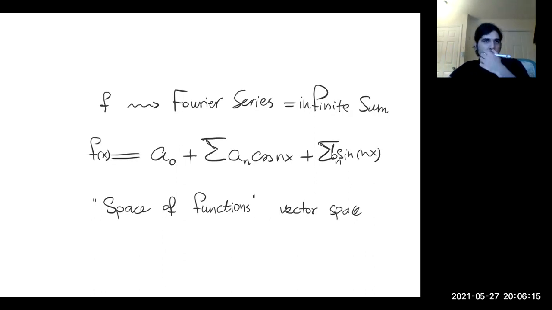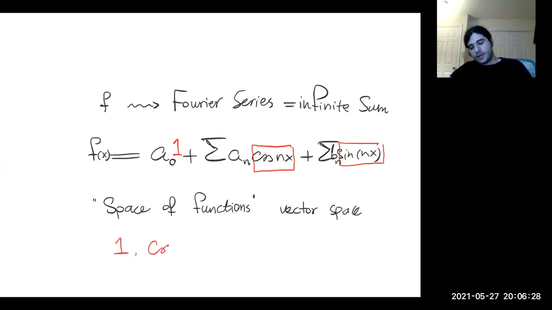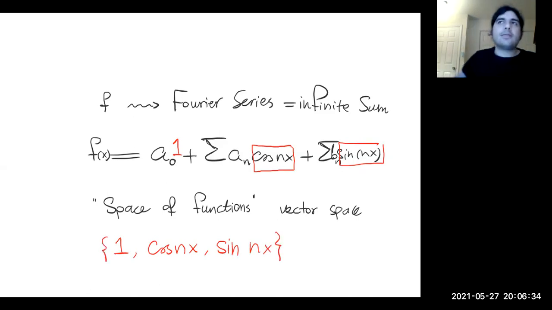Here, we are thinking about the functions 1, cosine of nx for every natural n, and sine of nx. It seems we are thinking about these functions as a basis for the space of functions.